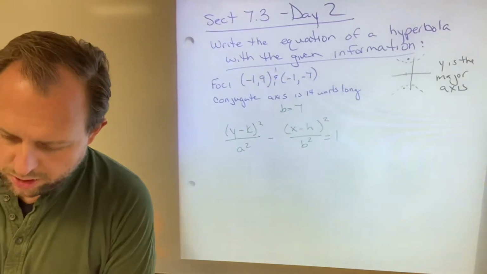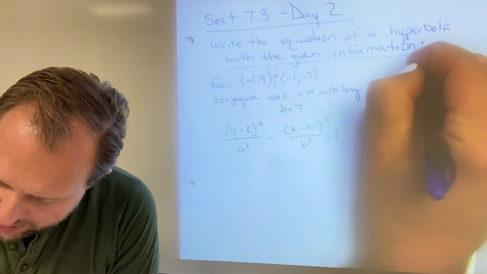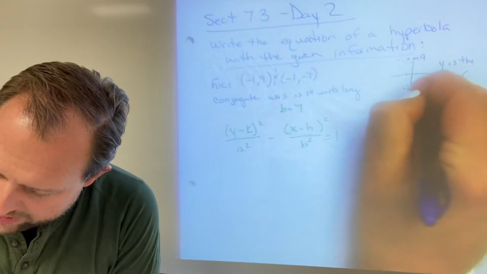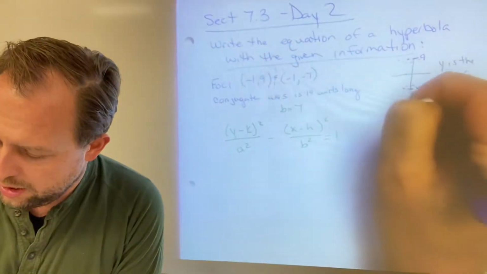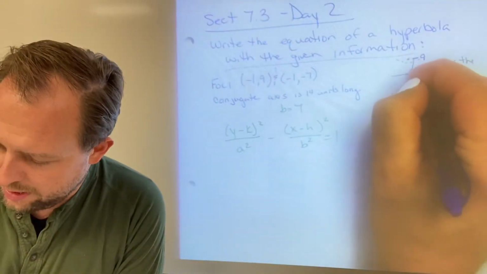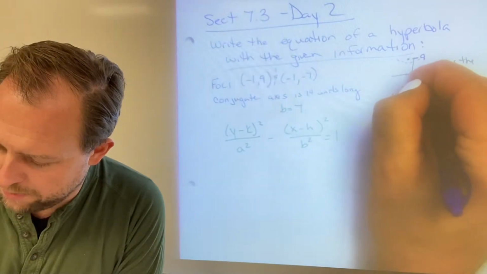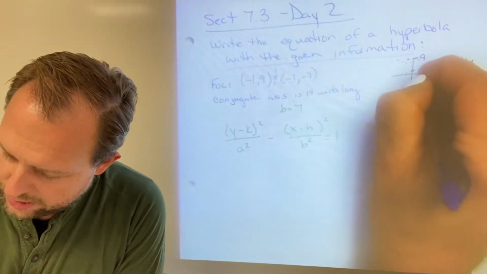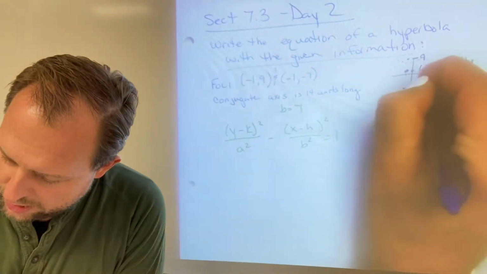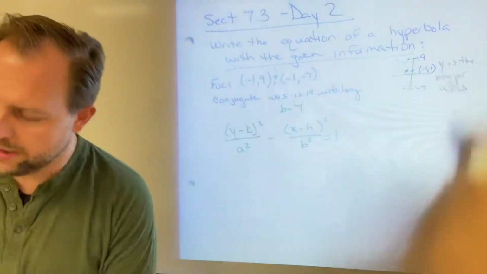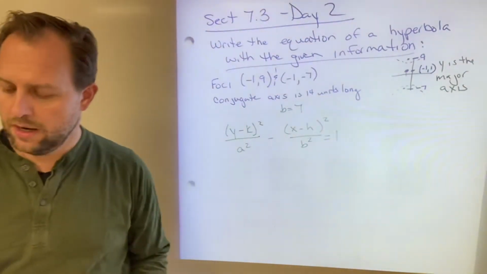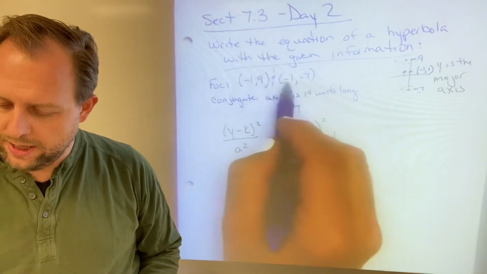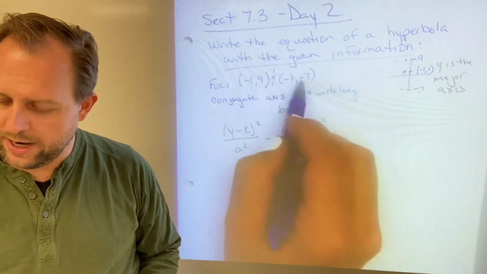Okay. So we need to find our center. If this was 9 units up and -7 units down, then if I go up 8, I'm at 1. That means the center point is going to be at (-1, 1), because it's the midpoint between (-1, 9) and (-1, -7). What's the midpoint between 9 and -7?